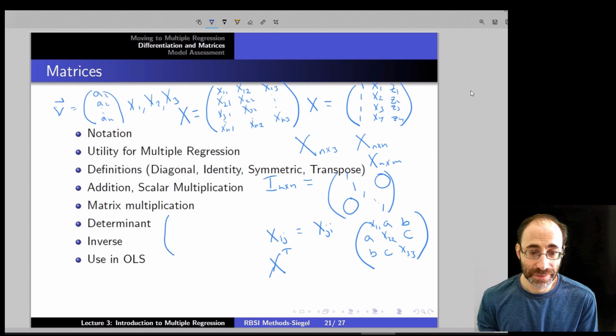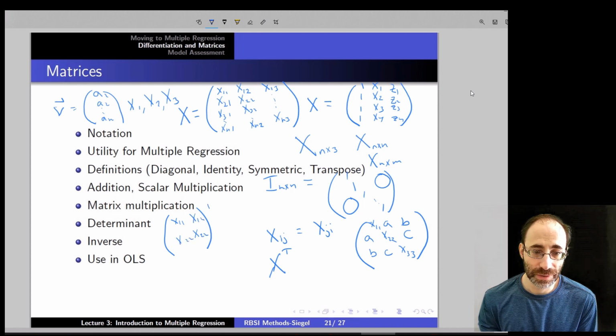I'll just do a 2 by 2 here because they're easier for me. x11, x12, x21, x22, and if you transpose that, then that's going to equal x11, x21, x12, x22. So that's the transpose of that matrix.